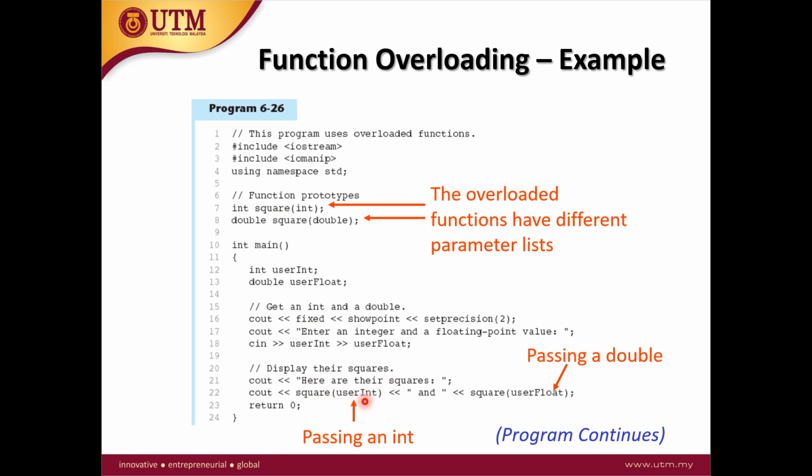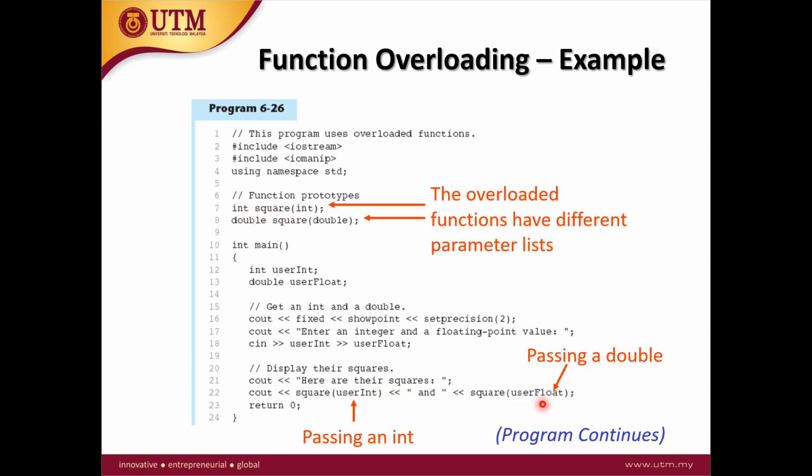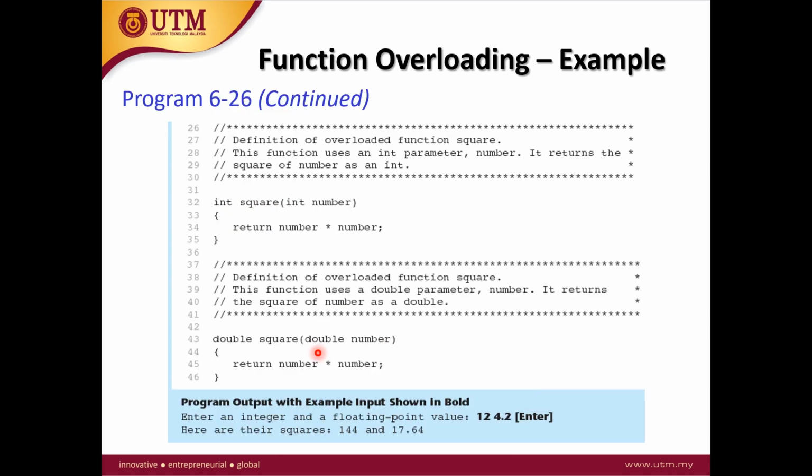In this case, this version of the function is going to be executed. But when we pass a float parameter, this version of the function is going to be executed. In both cases, the functions return the square of the number, whether it is an integer or a floating point.